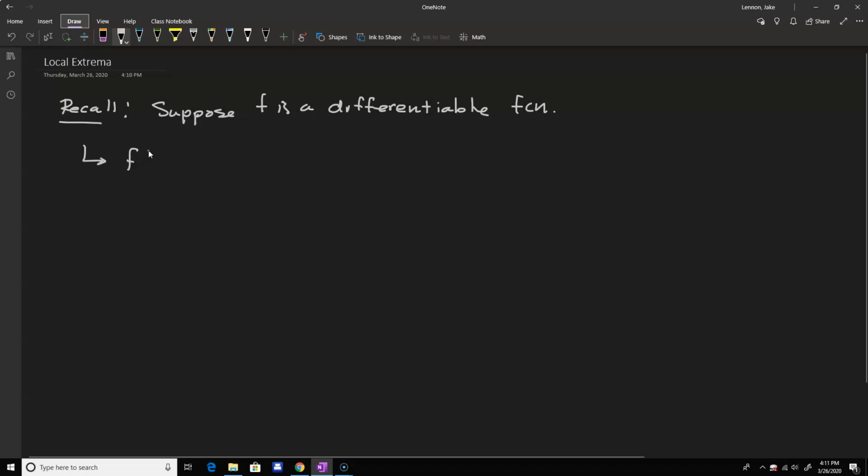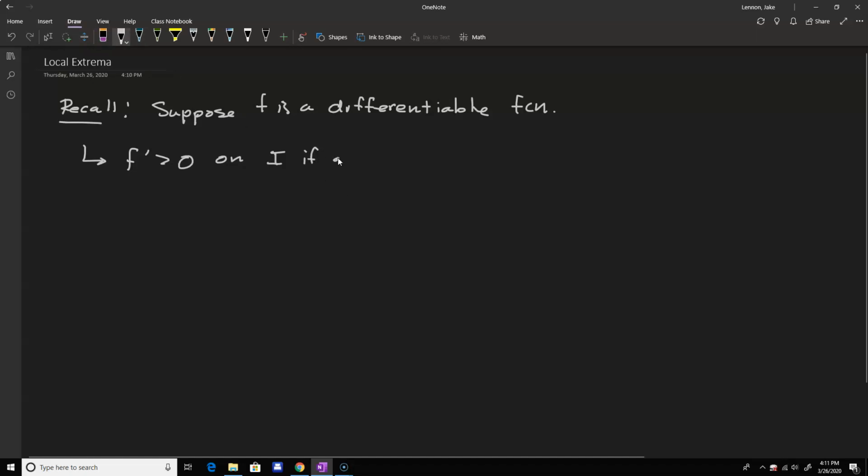So if the first derivative is greater than 0, is positive on some interval I, then that's true actually. We can say if and only if. That's a little bit stronger than then.